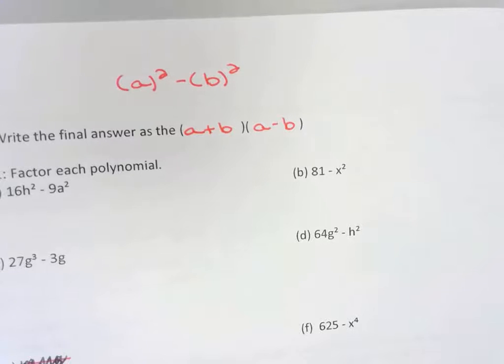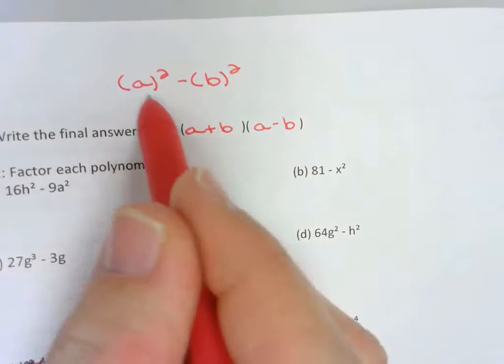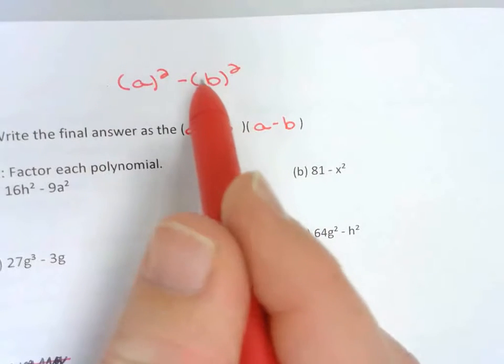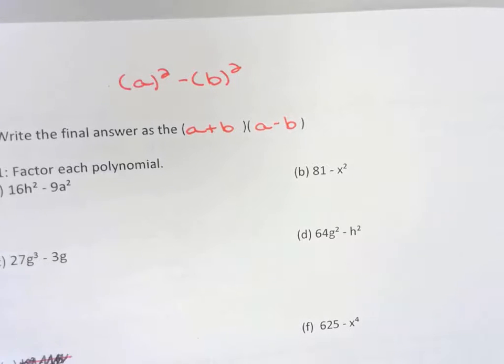So if I look at my first term, I can write it as a squared, something squared. So a is the first thing in parentheses and b is the second thing in parentheses. That's it. So don't get confused with the a and b. A is the first thing that was being squared, and b is the second thing that is being squared. And you add them and subtract them, and that's it.